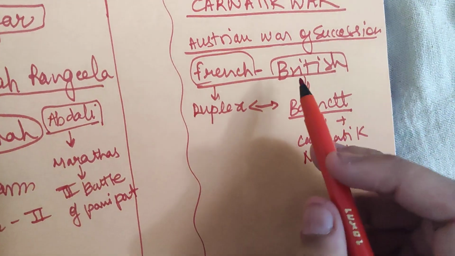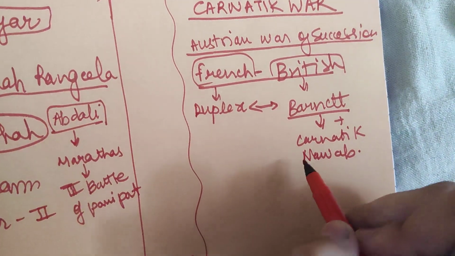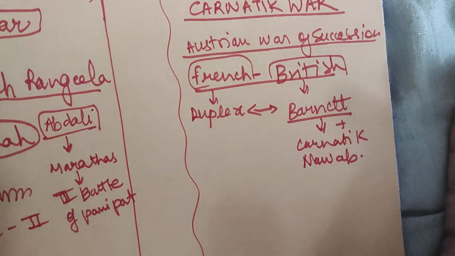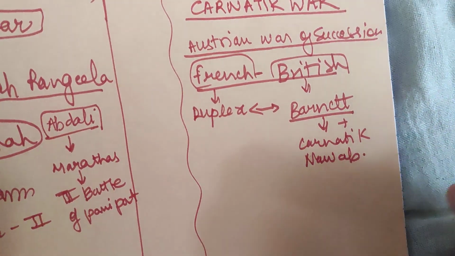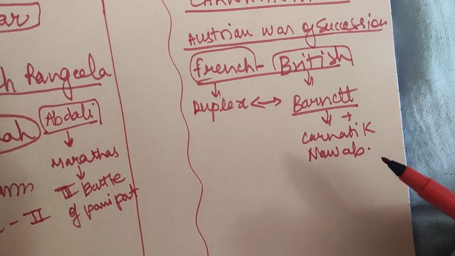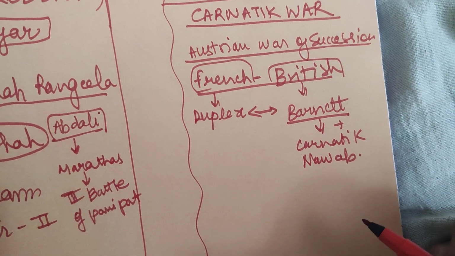The Britishers took help from the Carnatic Nawab, and the Carnatic Nawab agreed to help them, but this exposed the weakness of Indian Nawabs. Because they were not able to do well in a war, Britishers got to know that they are weak right now.